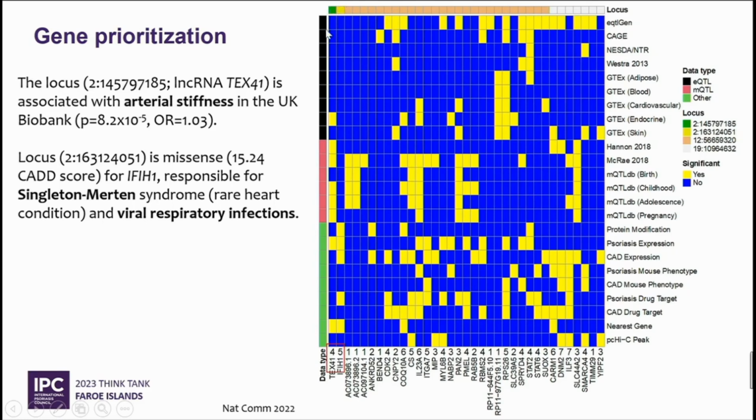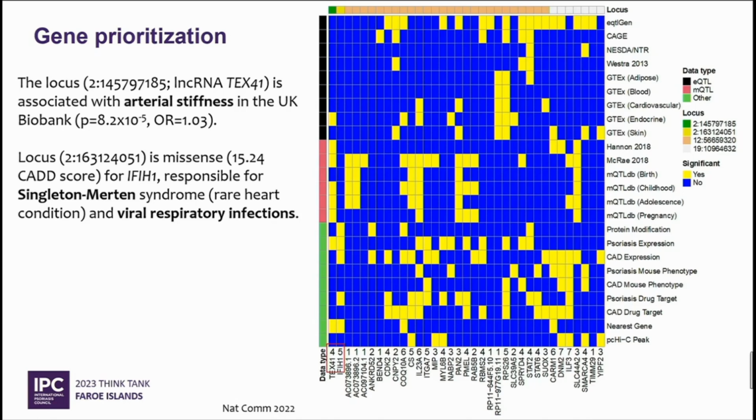For each locus, we look into the genes within that region and try to prioritize them. Some of the features we use to prioritize them include whether the genetic variant is able to affect nearby gene expression, whether there are methylation-associated variants, and whether they are expressed in the skin. This is also an example from our study comparing CAD and psoriasis.